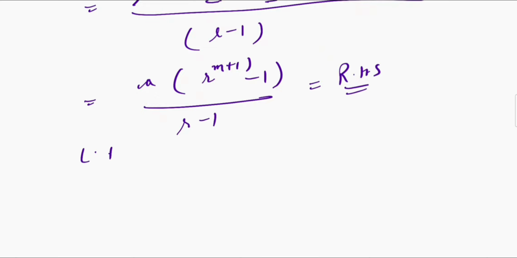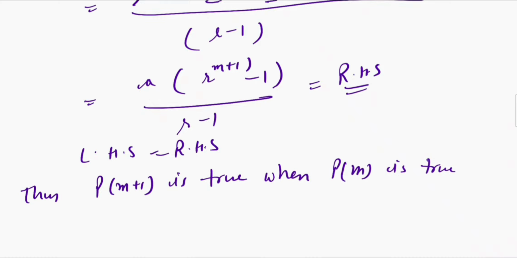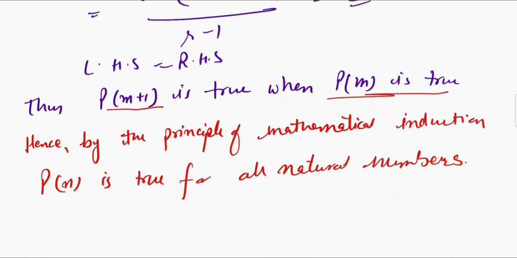So here also we have proved left hand side is equal to right hand side. So we can say that P(m+1) is true when Pm is true. So by the principle of mathematical induction, Pn is true for all natural numbers. Means the sum of n terms of a GP is equal to a(r^n - 1) divided by (r - 1).